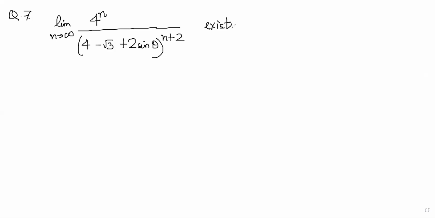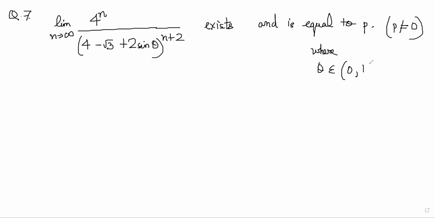This limit exists and is equal to p, p is not equal to 0, where theta belongs to 0 to pi by 2. Then find p plus cos theta by p.